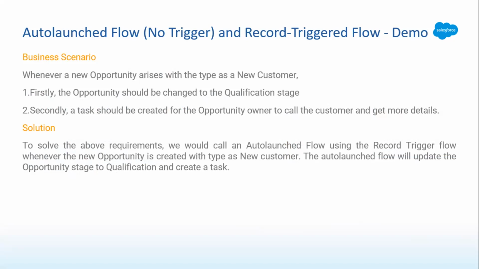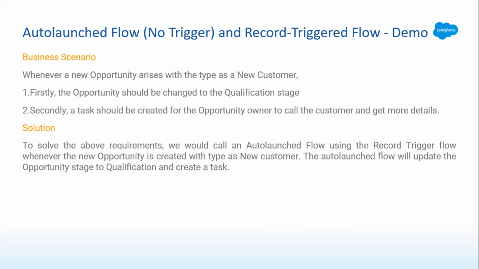This can be done by using an auto launch flow and a record triggered flow. When the opportunity is created with the type equal to new customer, we are going to call our auto launch flow as a subflow within the record triggered flow. And in the auto launch flow, we will update the opportunity stage and create the task.